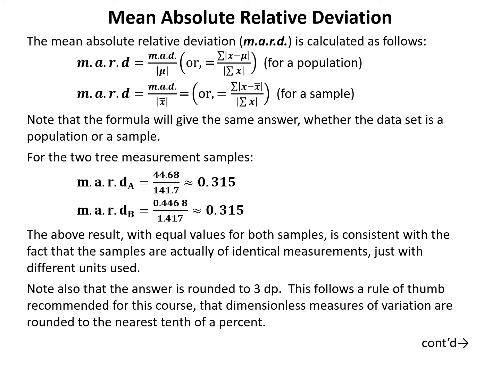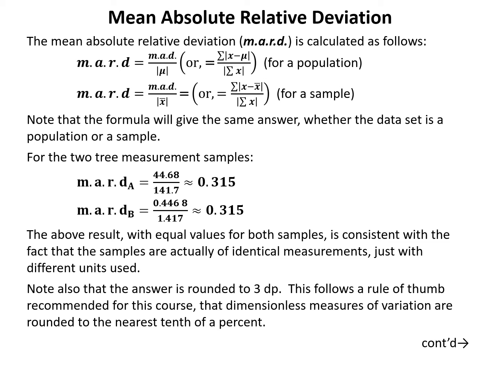So let's take a look at how the calculation of MARD looks for these two tree measurement samples. For sample A, the MARD would equal, and for this we're going to use, because it's a little bit more illustrative and more explicitly meaningful, the MARD as the MAD divided by the mean.